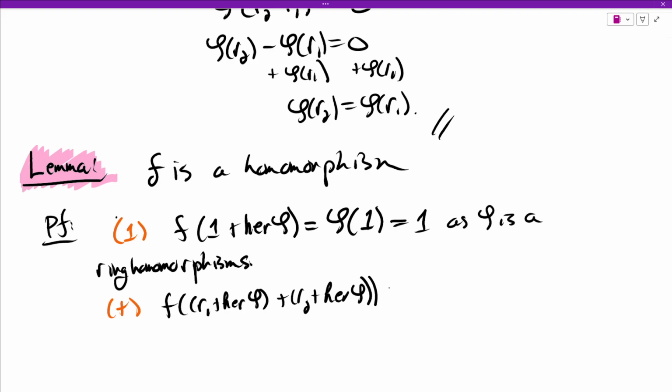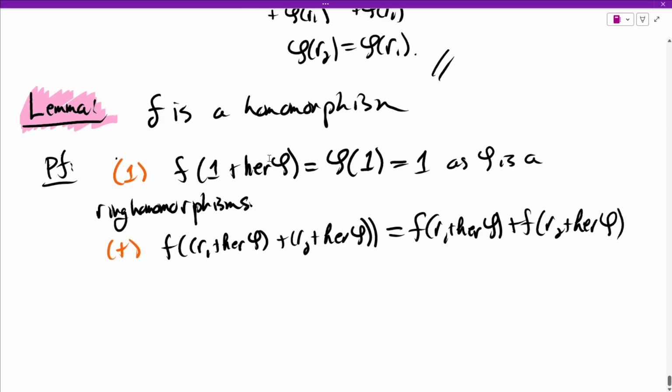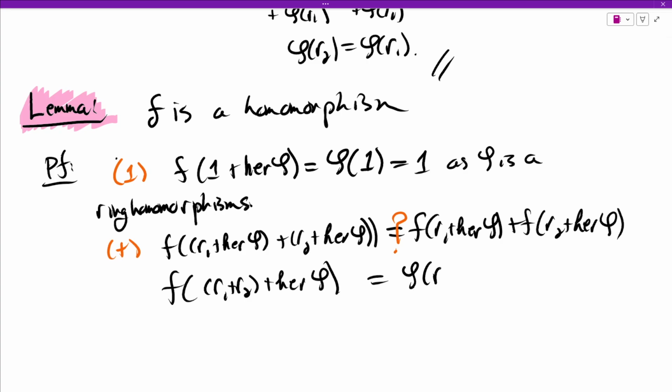And we have to add them first, and then we need to compare them to plugging R1 plus kernel phi and R2 plus kernel phi into F. On the left-hand side, we first add the cosets, and on the right-hand side, we first plug them into F. So F is the I-plug-you-into-phi function, so we plug the representative into phi.